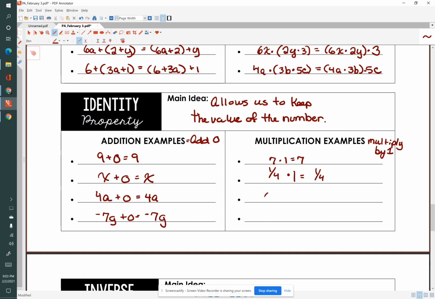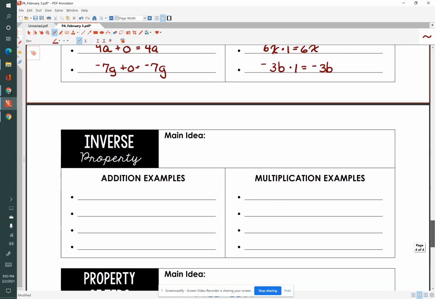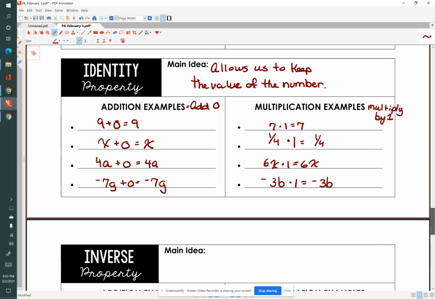We can use an expression, 6x times 1 equals 6x, or negative 3b times 1 still equals negative 3b. And so that's the identity property. The identity property allows us to keep the value of the number.